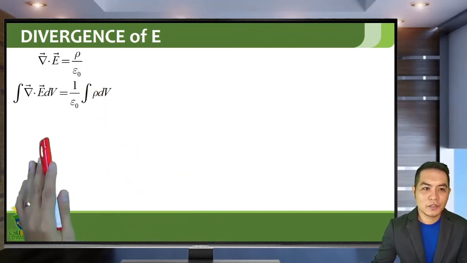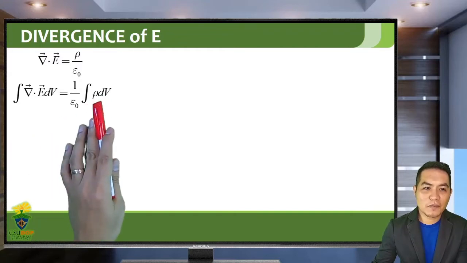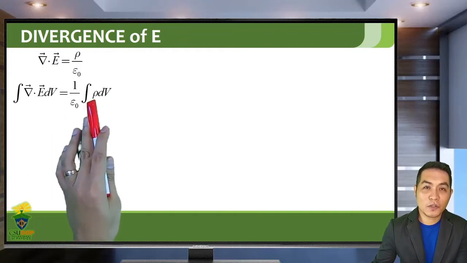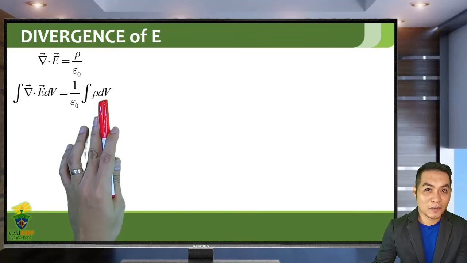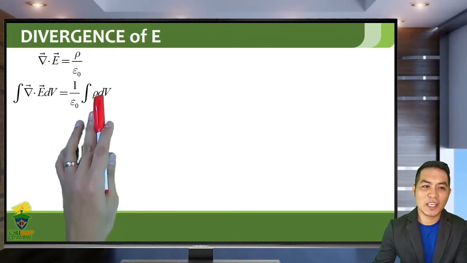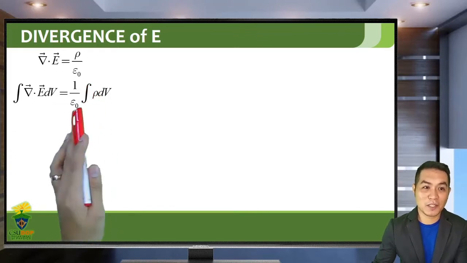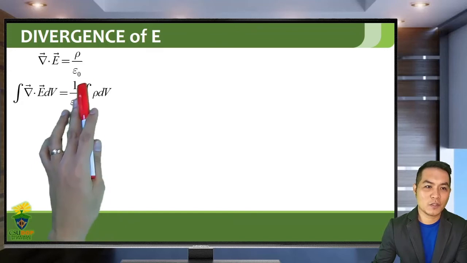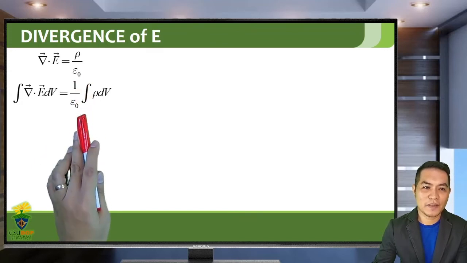So the integral of rho dV, rho dV is just dq, the differential charge in a volume charge distribution. So basically this is just dq, and an integral of dq is just q, the total charge. So basically this term here is just q over epsilon naught.